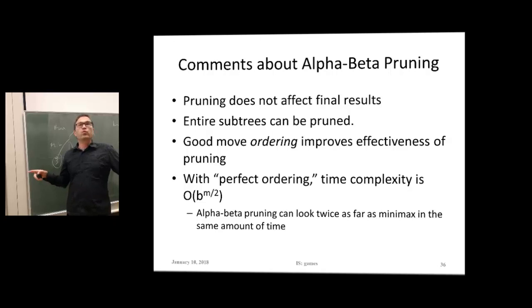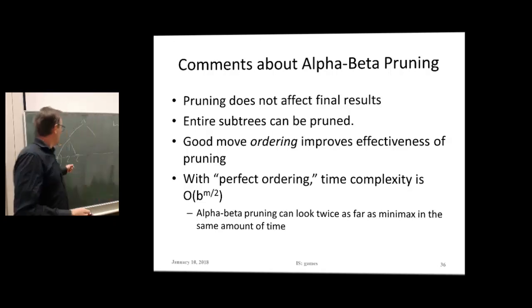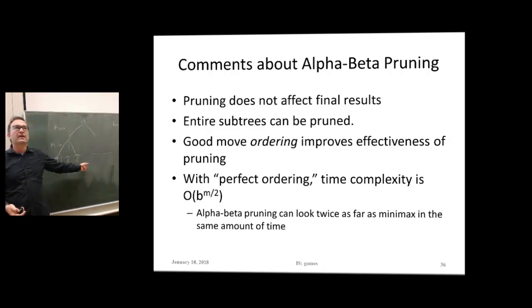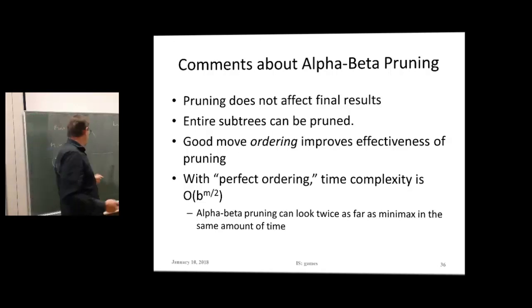And while in the example that I gave, there were individual nodes that you didn't have to calculate, in real life, you might be able to prune the entire subtree that's underneath, and that really makes it efficient.